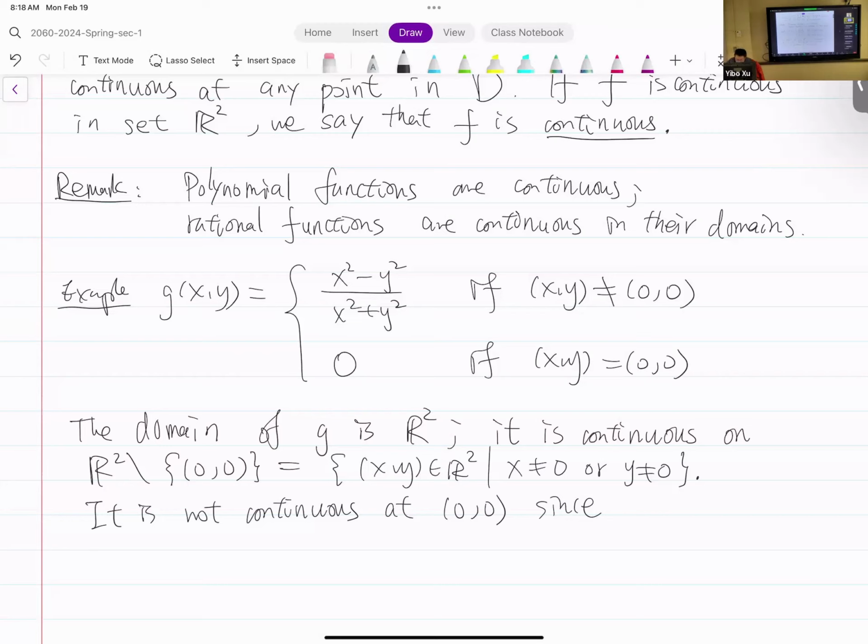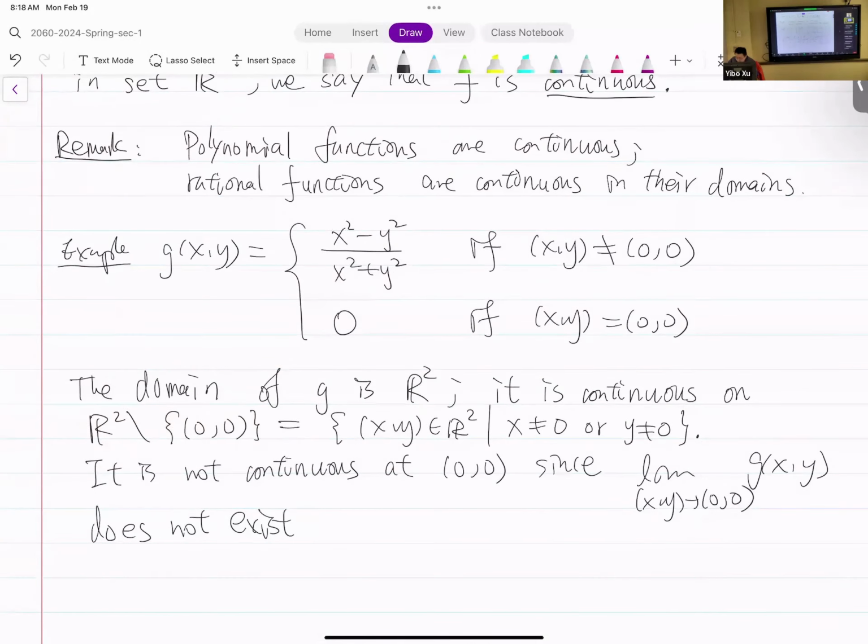So it's not continuous since the limit as xy approaches the origin of our function does not exist. So when the limit of the function does not exist, then even if you fill out the domain, it will not really help anything. Okay. See previous examples.